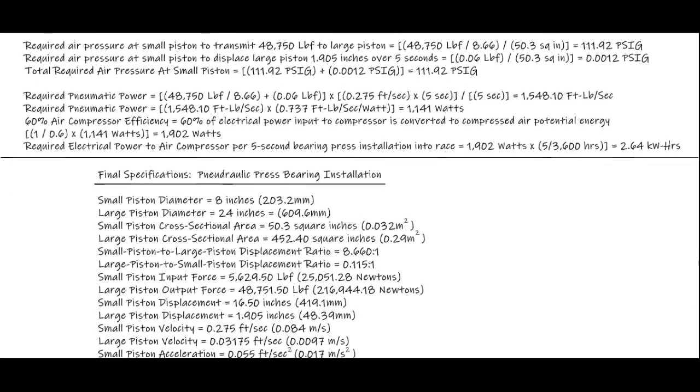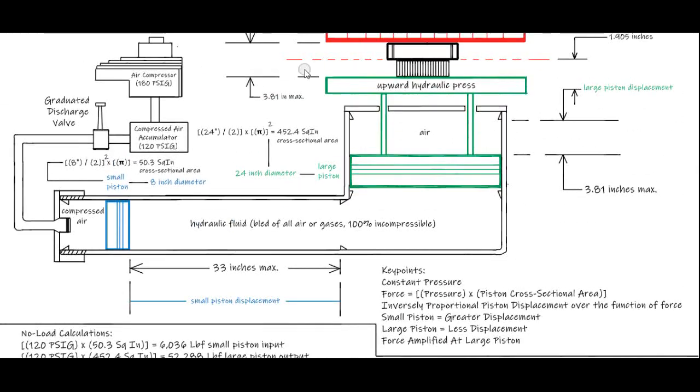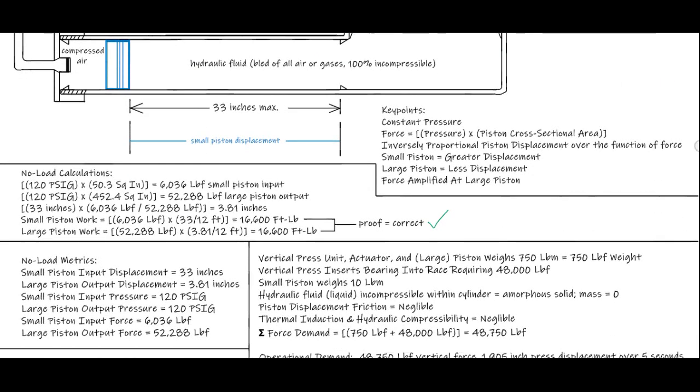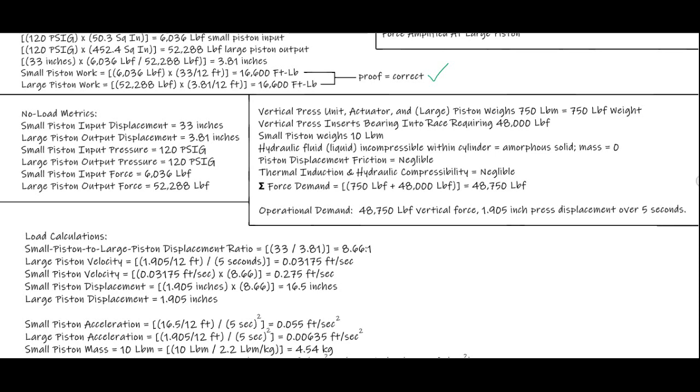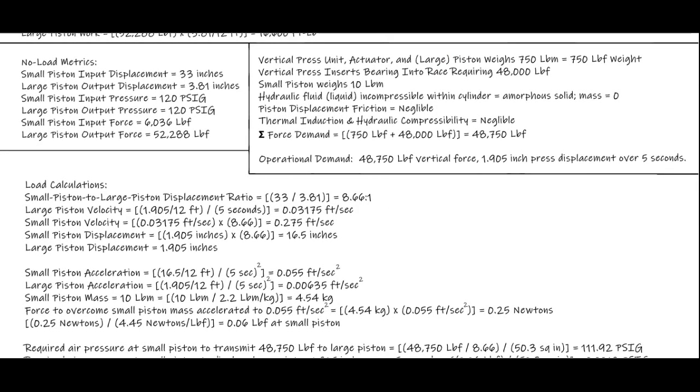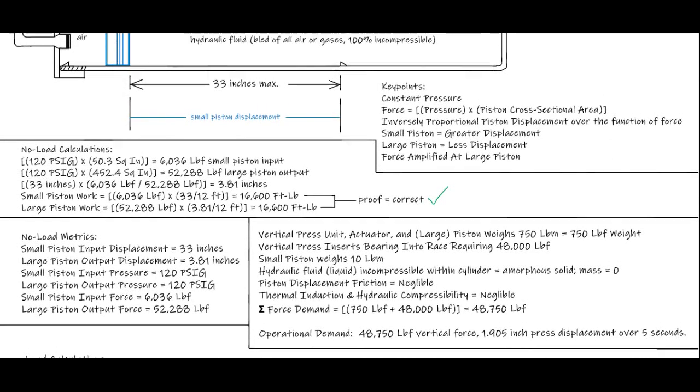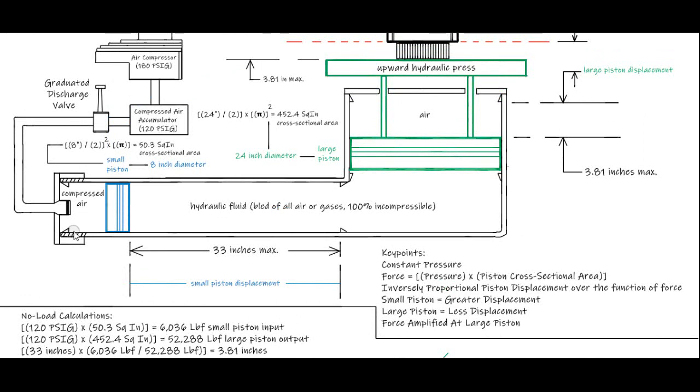So the calibrations on the graduated discharge valve here can be set to ramp up to 112.0 psig, thus delivering that overall pressure charge over the prescribed time and displacement limits.